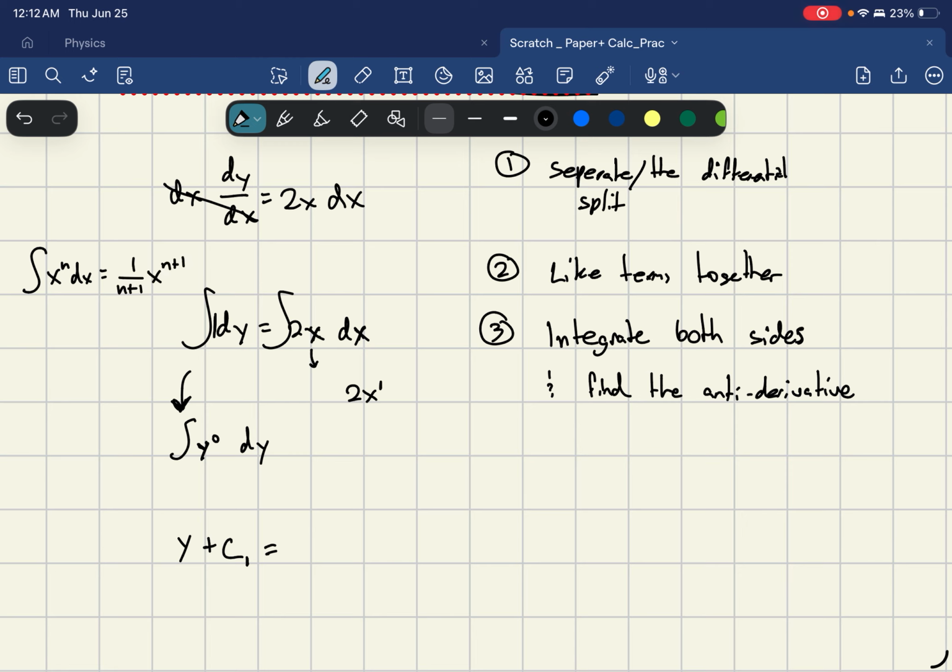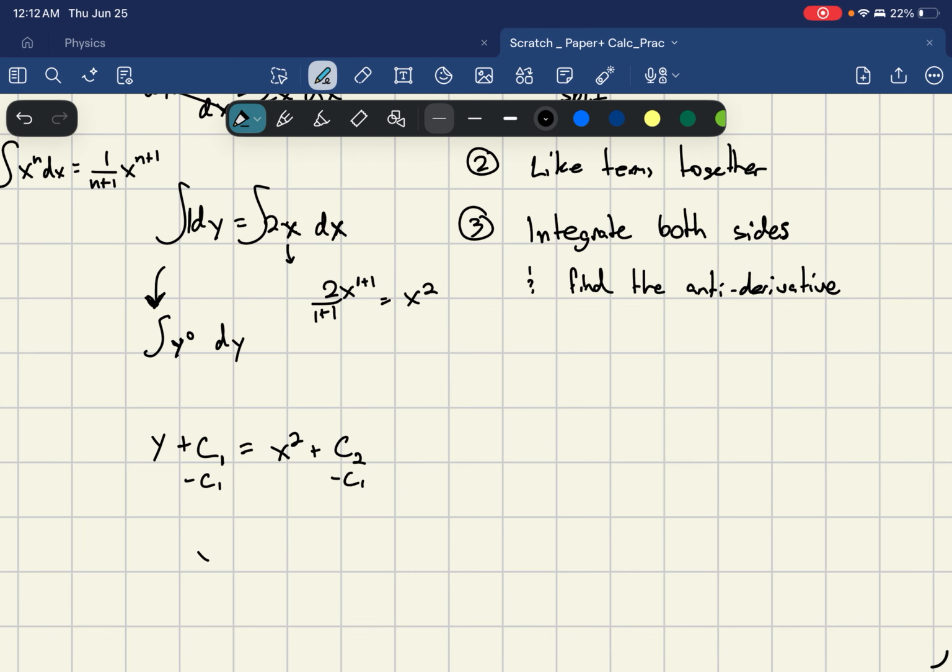So 2x is x to the 1 power, so I do 1 plus 1 in the exponent and divide by 1 plus 1, and that gives us x squared plus c2, my second constant. I'm going to subtract on both sides to simplify, and I get y is equal to x squared plus c3, where c3 is equal to c2 minus c1.